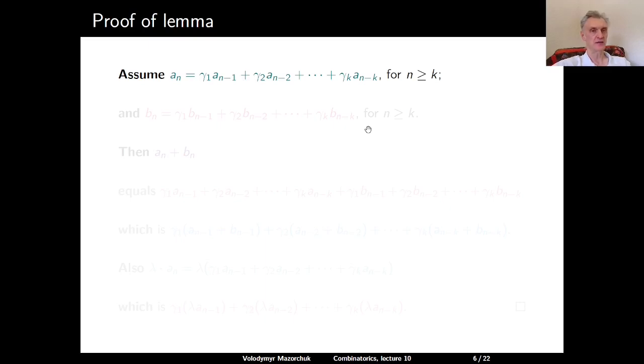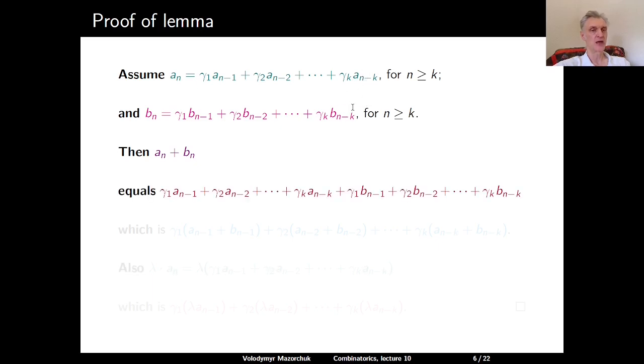Assume that a_n is equal to gamma 1 a_{n-1} plus and so on plus gamma k a_{n-k}. So A is a constant recursive sequence with parameters k, gamma 1, gamma 2, and so on. And similarly assume that B is also constant recursive with the same parameters. Then we can compute a_n plus b_n, and we can use these recurrences to write that this is equal to gamma 1 a_{n-1} plus and so on plus gamma k a_{n-k} plus gamma 1 b_{n-1} plus and so on plus gamma k b_{n-k}.